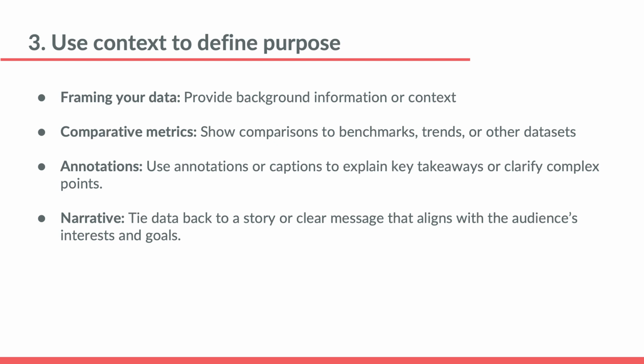One of my favorite ways to add context is to use annotations or captions within a visual to really explain key takeaways, or clarify complex points. So sometimes, you'll have a graph, and I'll show an example of this in a little bit, where one point is a huge outlier. It's so different from the other points.